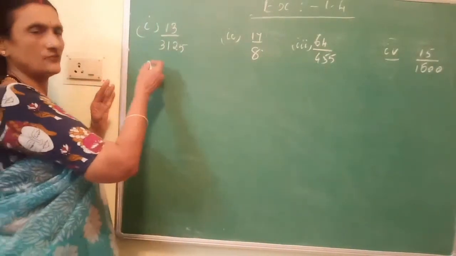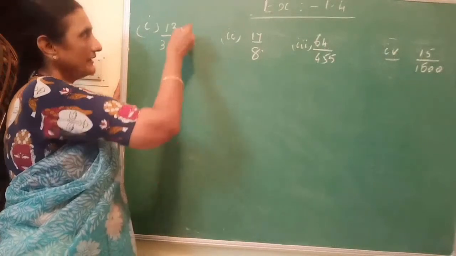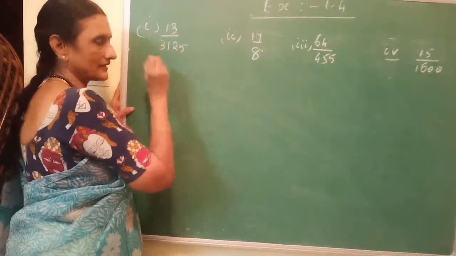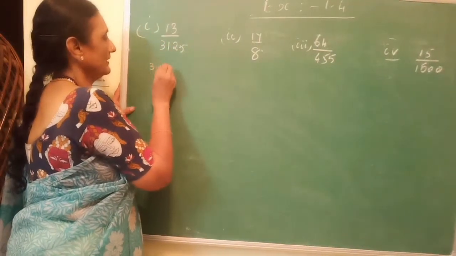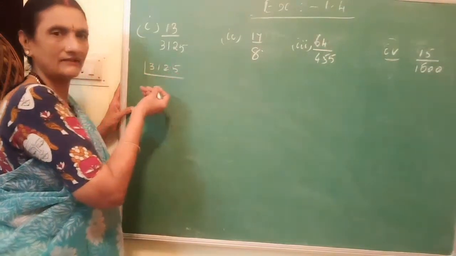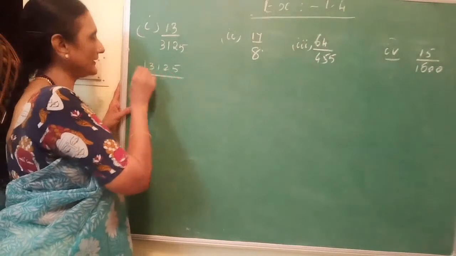First we will take the first fraction, with denominator 3125. It is in the simplified form, therefore we will take up the denominator 3125. Obviously only 5 is the prime factor. It doesn't have 2 or 3.